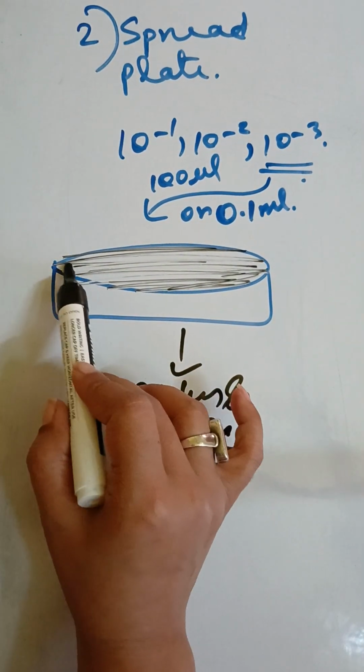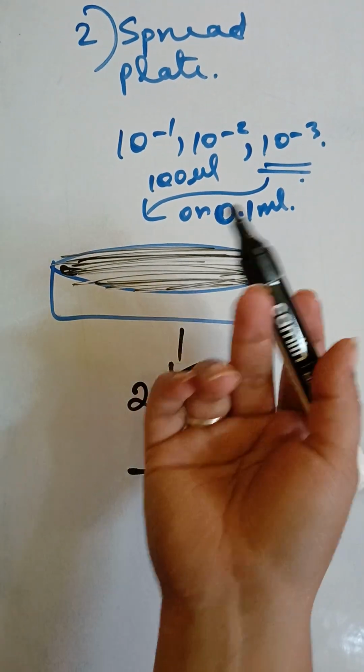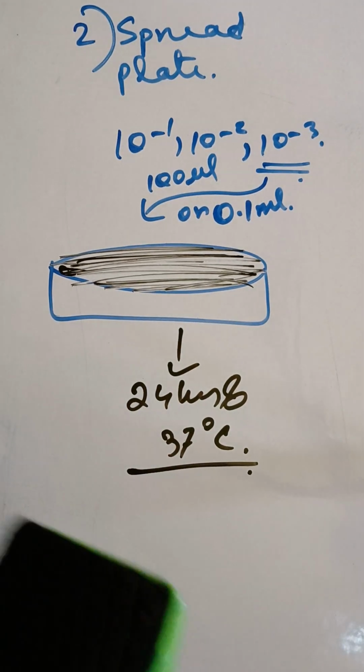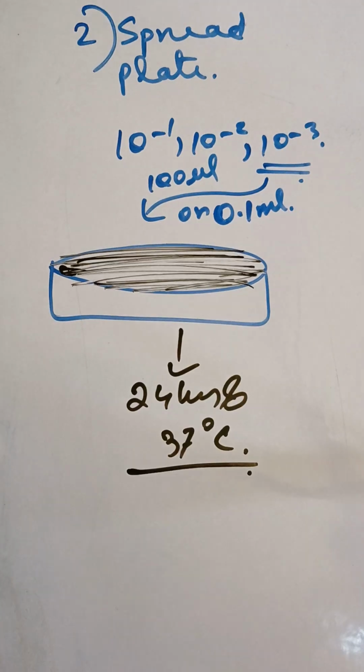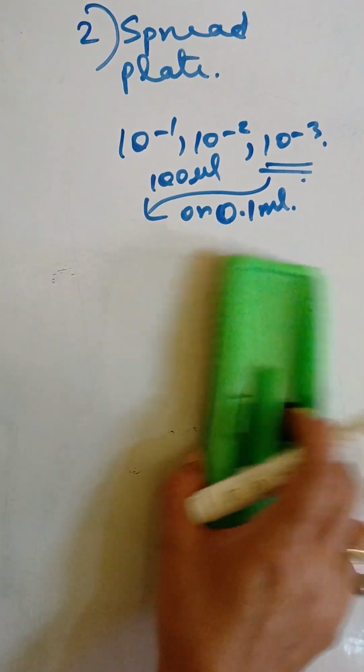Now, for this spreading, we need a spreader; a glass spreader is usually used. Otherwise, heat resistant plastic spreaders can also be used. Now, how does the spreader look? The spreader looks like this.